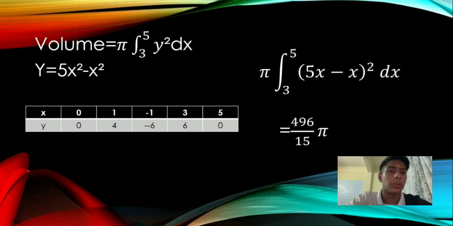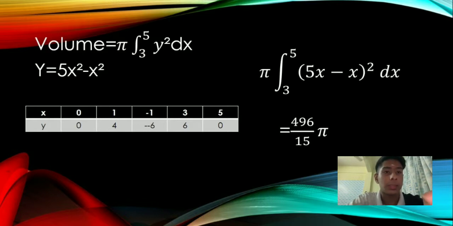So today I'm going to explain to you all how to do the calculation for question number 7. Firstly, the volume is equal to pi, limits 3 to 5, y squared dx. Then y is equal to 5x minus x squared. After that we form a table to substitute values of x to find the value of y.